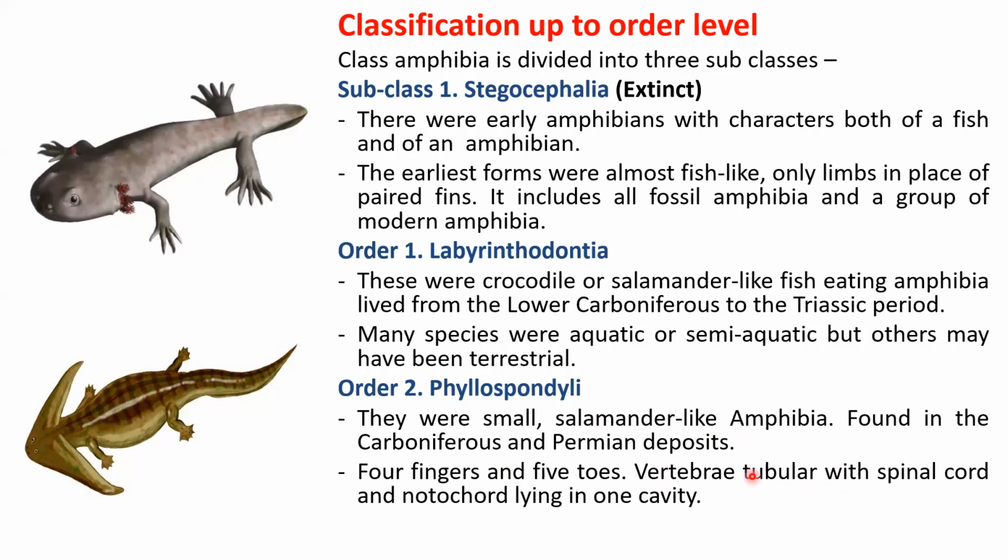So the vertebrae are present in a tubular manner, with the spinal cord and the notochord lying in one cavity, and also having four fingers and five toes. The examples of this are Branchiosaurus and Diplocaulus.